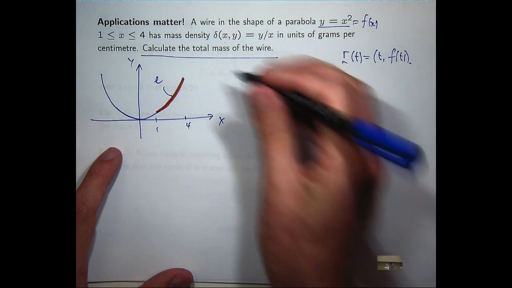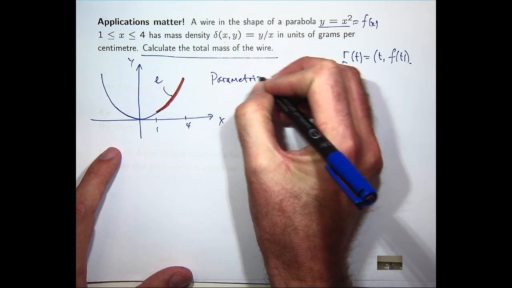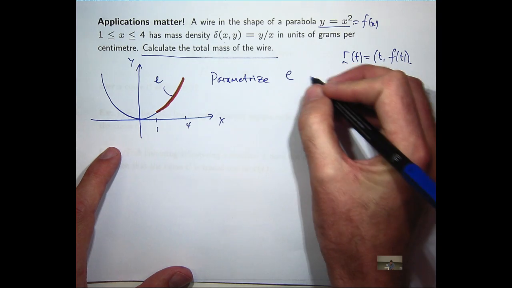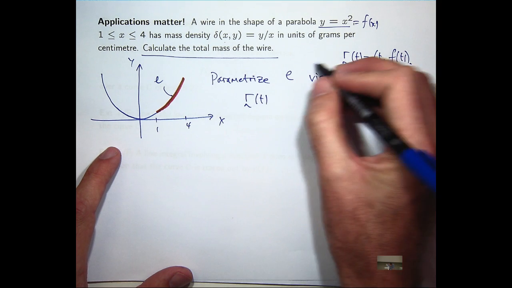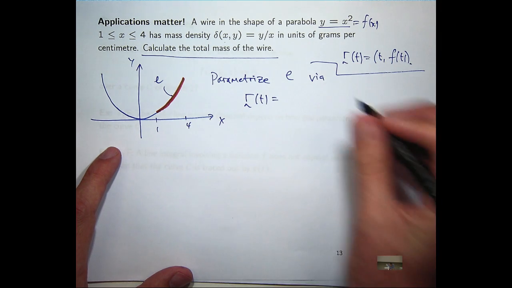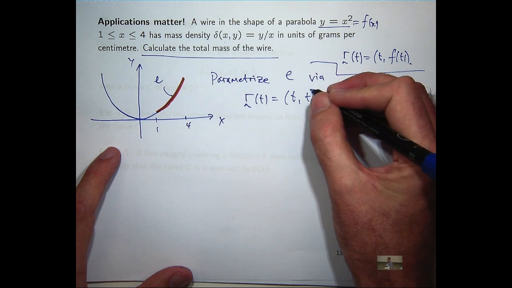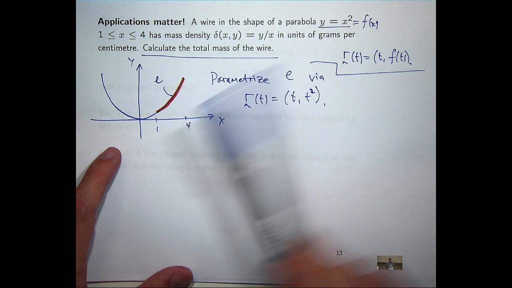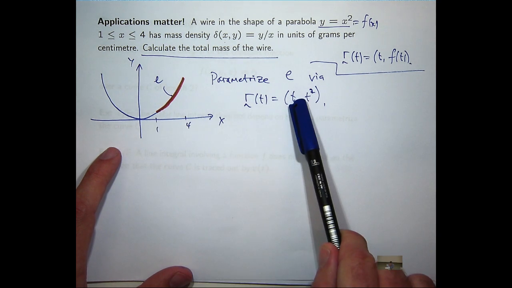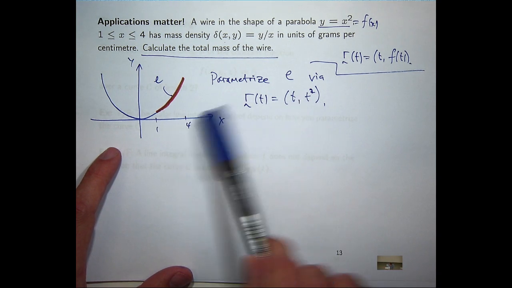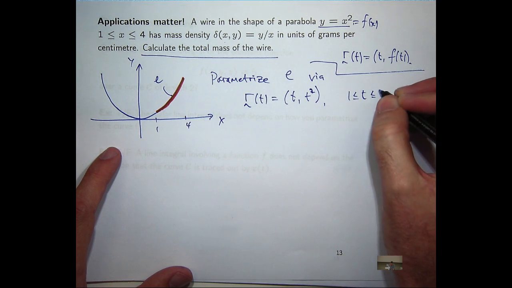So let's parameterize C via t. The y-component is t squared. And t's driving here; you could think of t as x if you wanted to. t is going to be between 1 and 4.